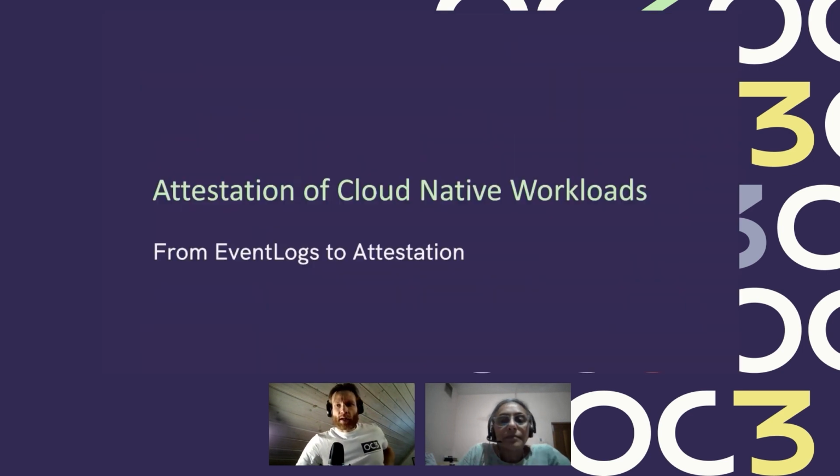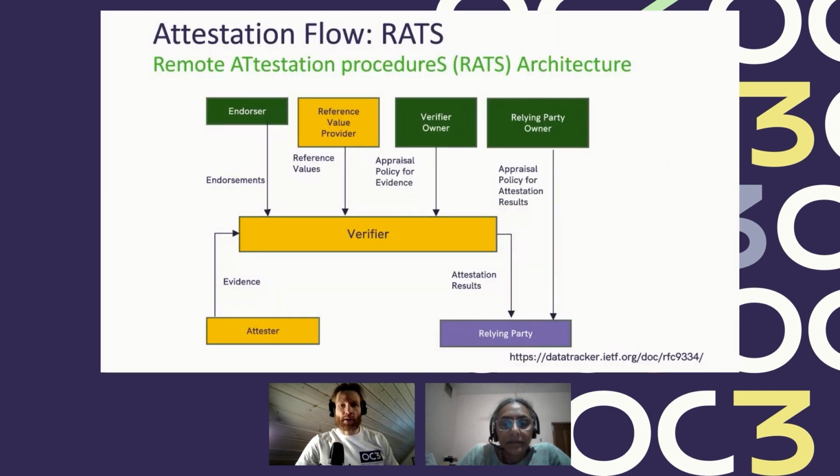Moving on to the attestation topic, and this is what our talk is mainly about. So, what is included there? The RATS IETF team has worked on this high-level architecture and several detailed specifications for the various roles that are included in the full attestation flow.